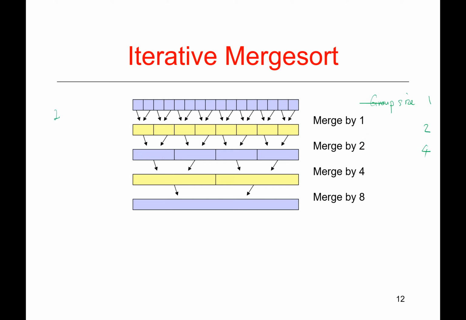This is iteration 1, this is iteration 2, and this is iteration 3. In each iteration, we merge adjacent groups and double the group size, then go to the next iteration.